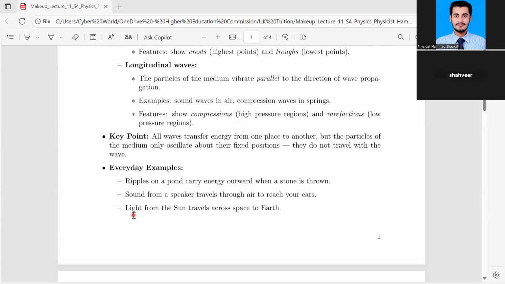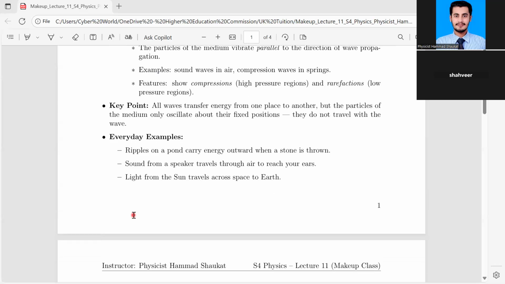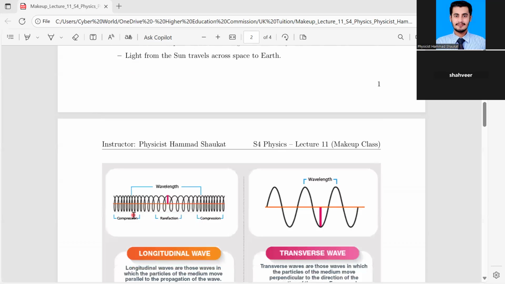Transverse. Yes, transverse. So, does light need a medium to travel, or can it also travel through vacuum? Yes, light can also travel through vacuum, right? If it travels through vacuum, it means it does not require a medium. It can also travel in vacuum as well.